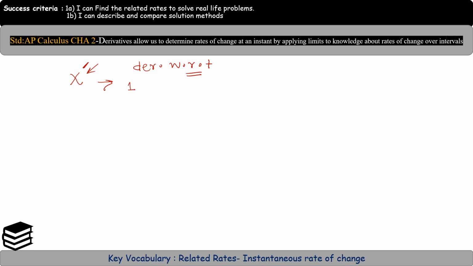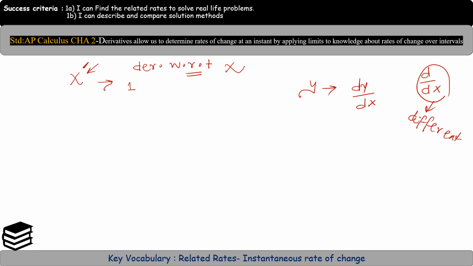But when we ask you to take the derivative of y with respect to x, what do you say? That the derivative of y with respect to x is dy by dx. And what is d by dx actually? d by dx is the differential operator.